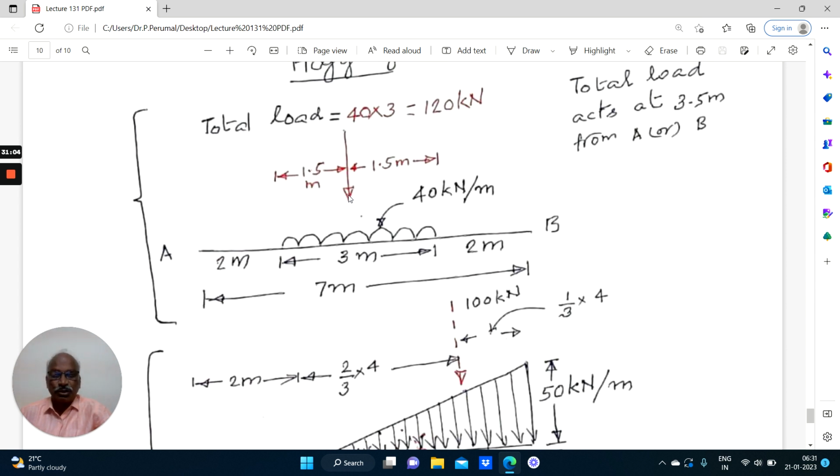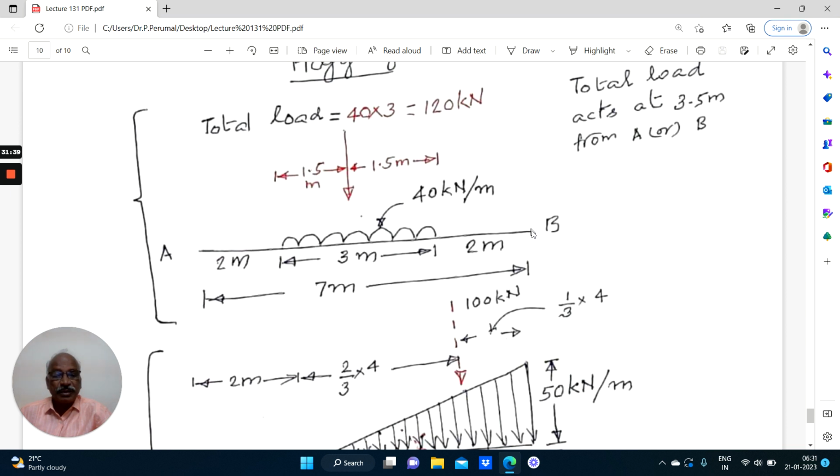because it is uniformly distributed load. So when we want to find out the bending moment about the support B, actually support is not marked, assuming B as a support. Even if it is not a support, if you want to find out the bending moment about the point B due to this loading, it is 120 kilonewton, 40 into 3, 120 into the distance up to the point B, that is 2 meters plus 1.5, so 3.5.